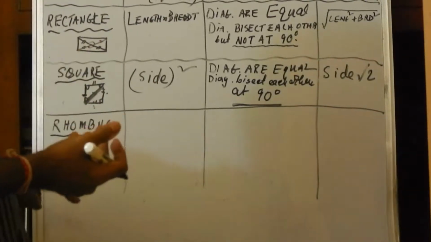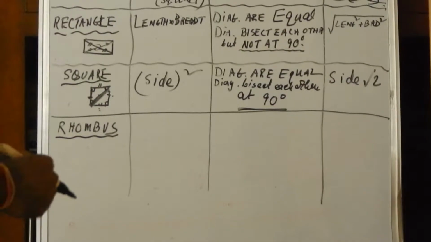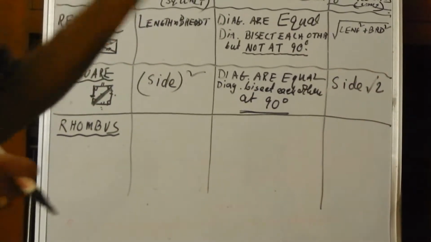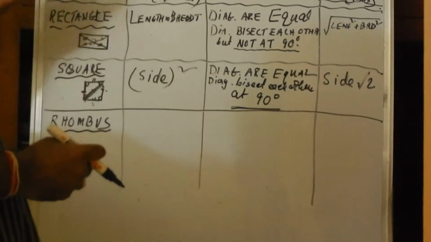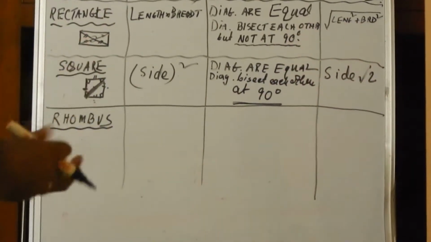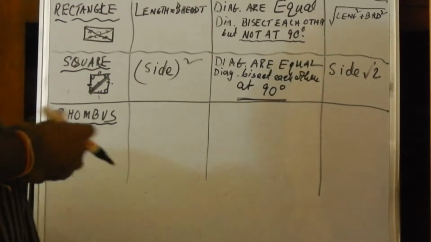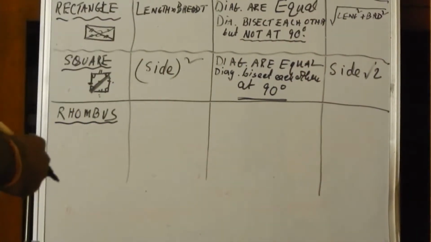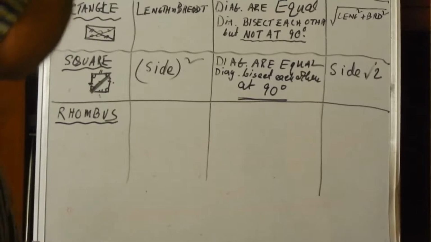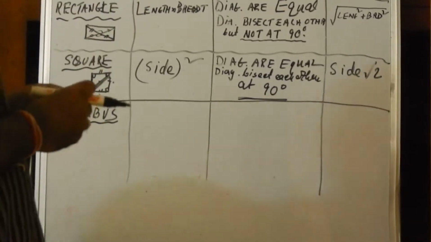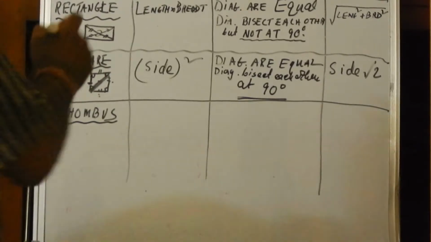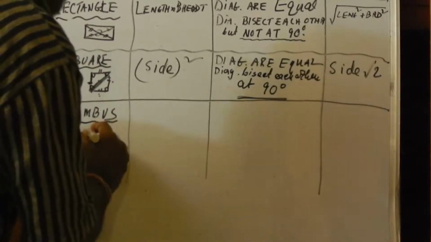They are all parallelograms, but they differ in characteristics. That's why they have been given nomenclature like rectangle, square, rhombus, trapezium, etc. In case of trapezium, there is a big difference because the opposite sides are not symmetrical. In case of rhombus, the sides are equal.